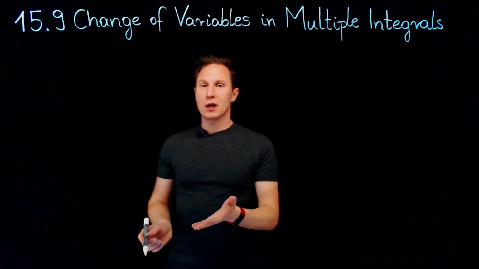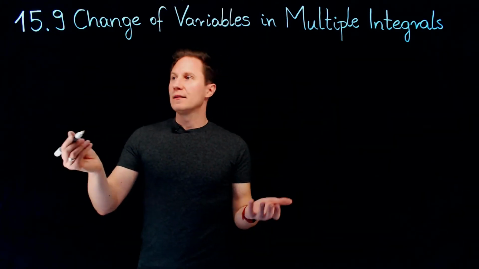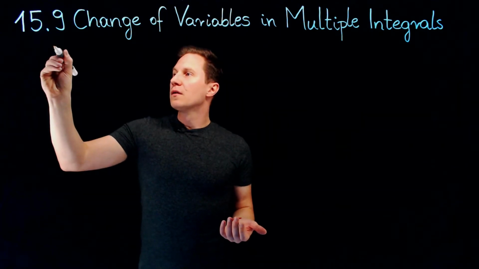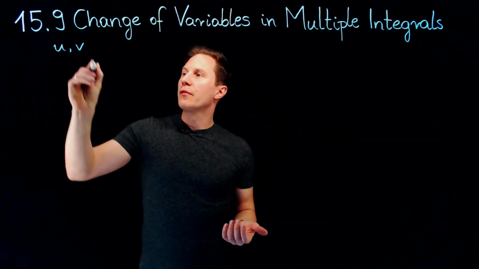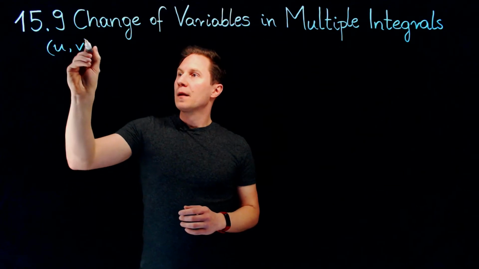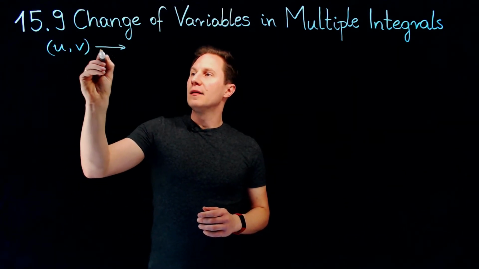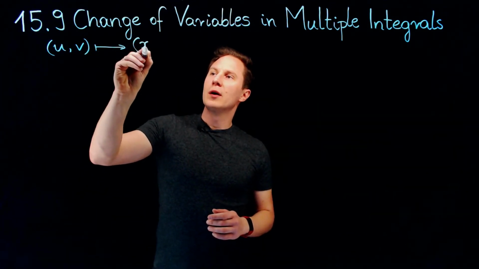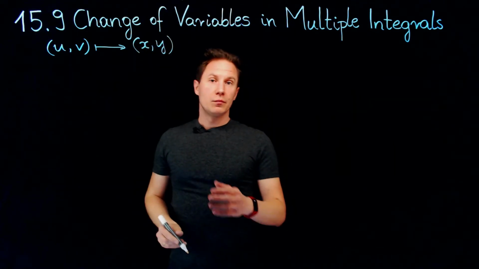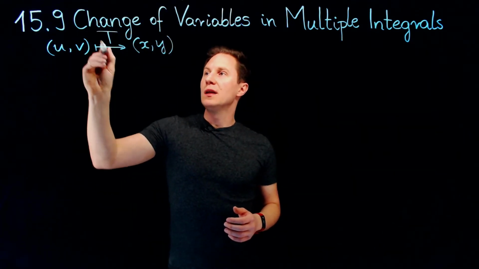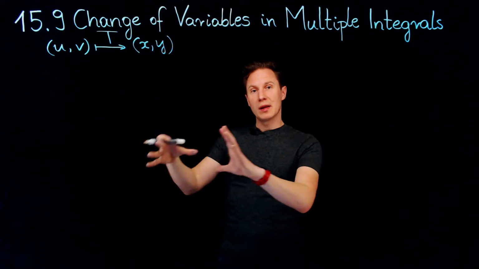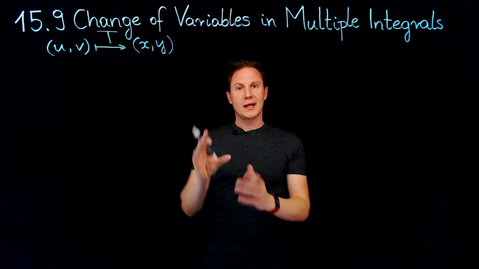So let me start with the two variable case and tell you what it really means. You have a new pair of variables, u, v, and they are related to the old variables x, y by some transformation T, which transforms the uv plane and everything in it to the xy plane.